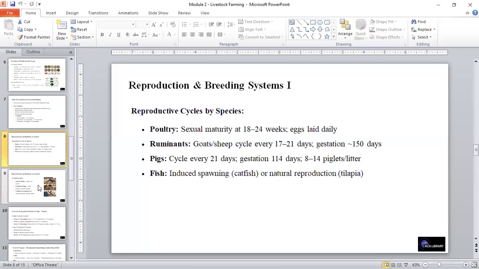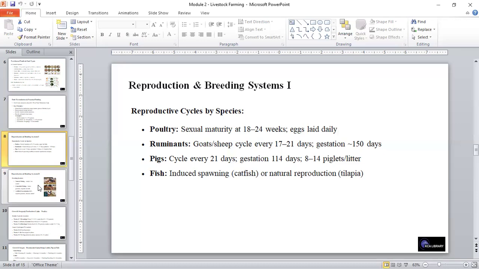For ruminants, the cycle for sheep and goats is between 17 to 21 days, and gestation is 150 days. The breeding cycle is between 17 to 21 days.